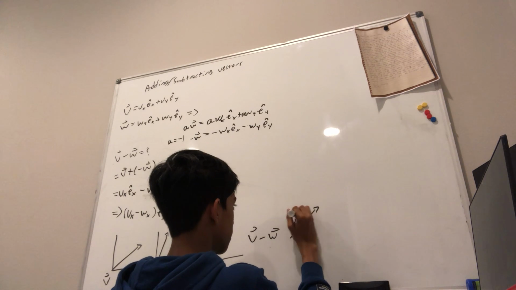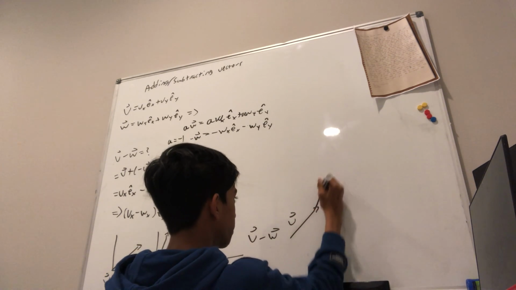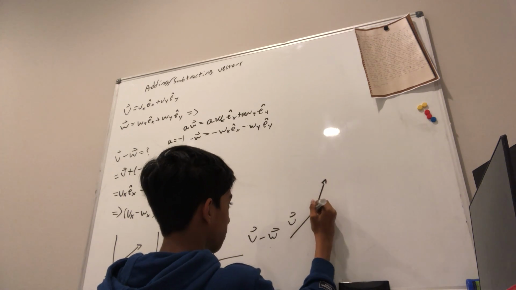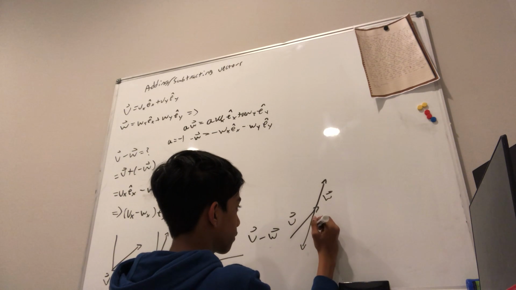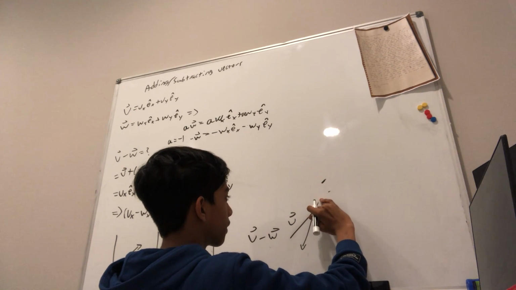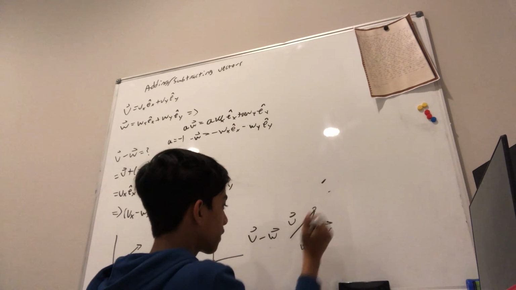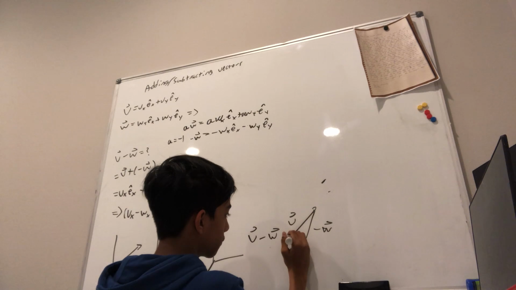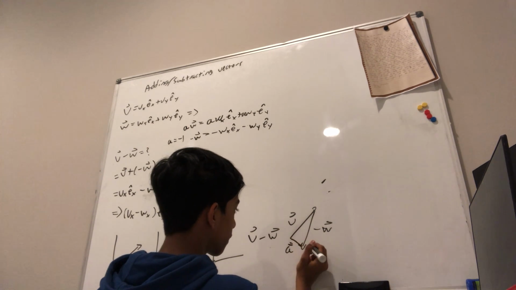So v vector, and then it would be this, but the opposite direction, this. So this is w vector and negative w vector. So we can just rub this out, and then you can see, and then you could draw a vector from the tip to the tail, and then this is a vector.